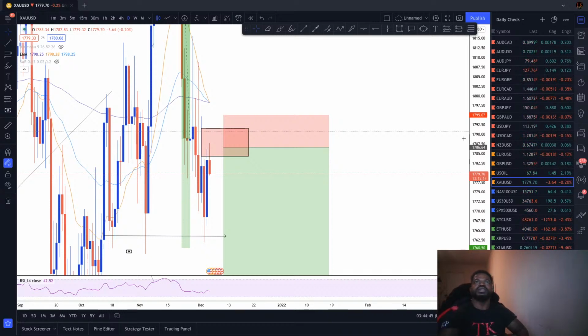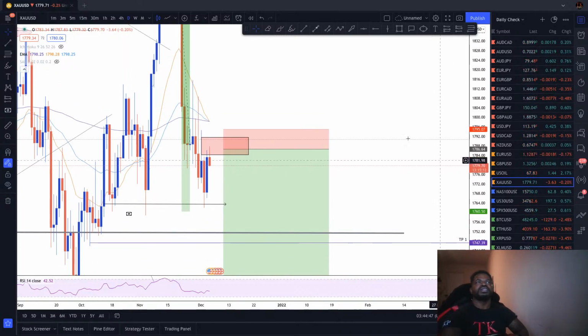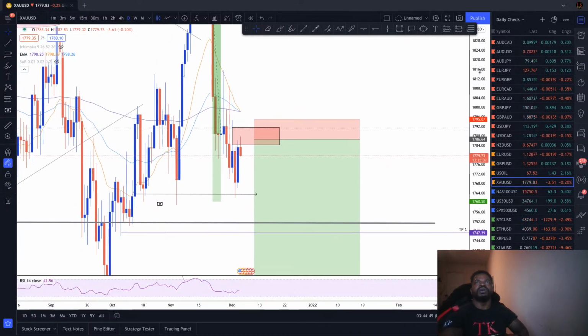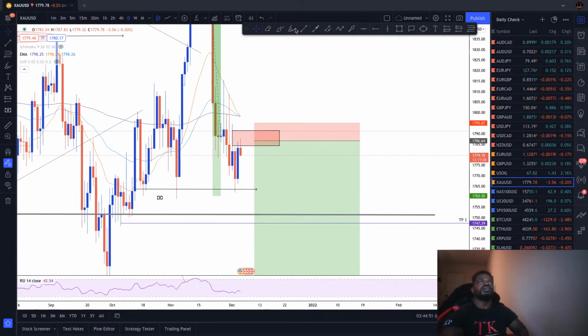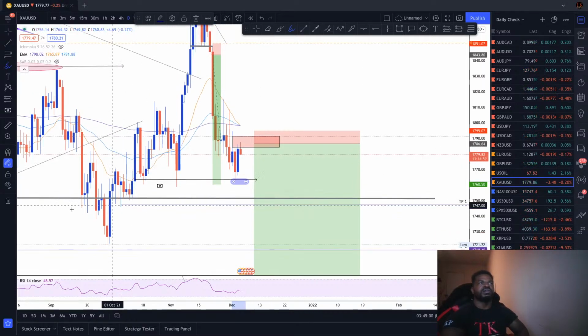Now, we need to wait and see if the lows are broken here, and there's a good chance that we can retest. Well, if not break and retest these lows, we'll get a test of these lows. So let's see how this plays out for us. If the lows are broken here and we get a retest here, our TP1 is in this area.